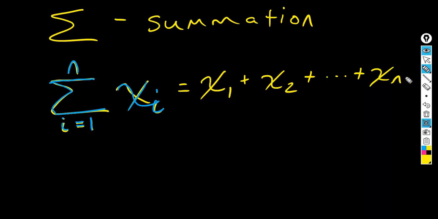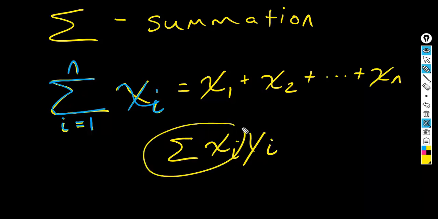One thing to note is that the order of operations still applies. So if you've got the sum of xi times yi, you're not just going to add up all of your xi's and then multiply by a single yi. You can't really do that because there are multiple yi's.